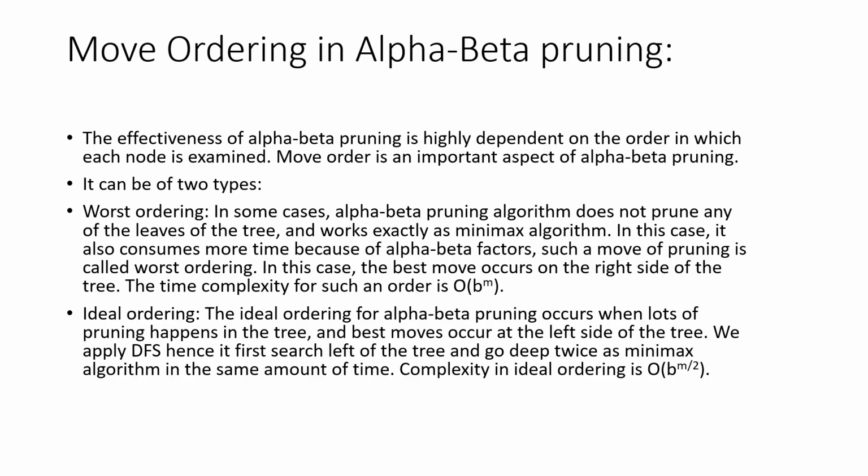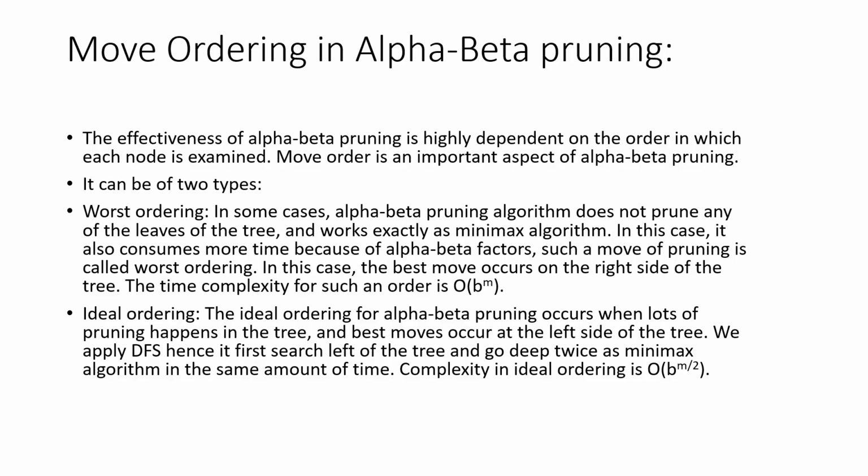But if we have the ideal ordering, meaning the best move is examined first, alpha and beta get strong values earlier, a large part of the tree is pruned, and many nodes are never evaluated. So in this case, we can reduce the time complexity to big O of b to the power m by 2. So we are exploring only half the depth, so we can increase the speed.